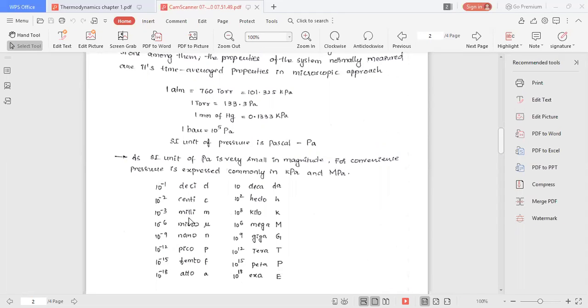Milli is small m, centi is small c, deci is small d. 10 power minus 6 is micro, 10 power minus 9 is nano, 10 power minus 12 is pico, 10 power minus 15 femto, 10 power minus 18 atto.